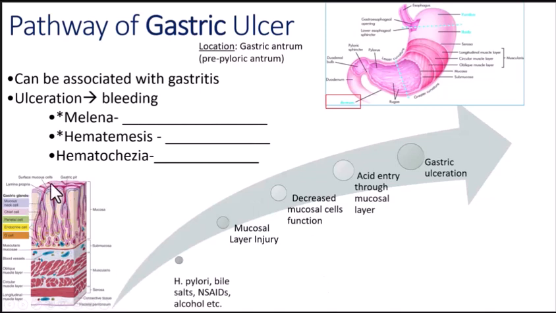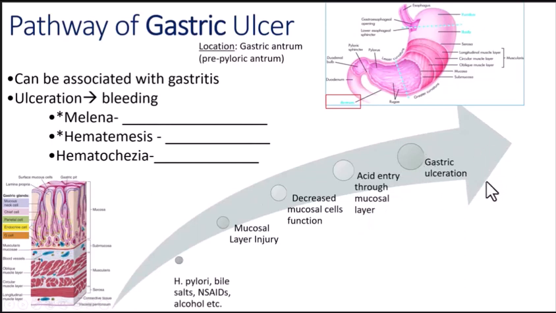And reduction in the production of mucus is going to mean that the acidic nature of our stomach is going to become a problem. The acid or the hydrogen ions are going to now be able to penetrate through into the stomach wall rather than that being prevented by that mucosal barrier. And as we start digesting the stomach, it can lead to gastric ulcerations.